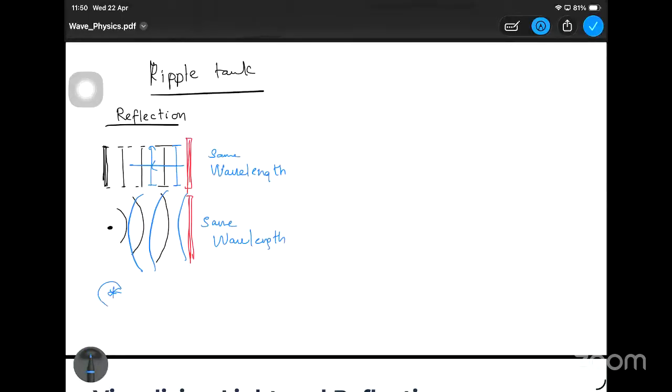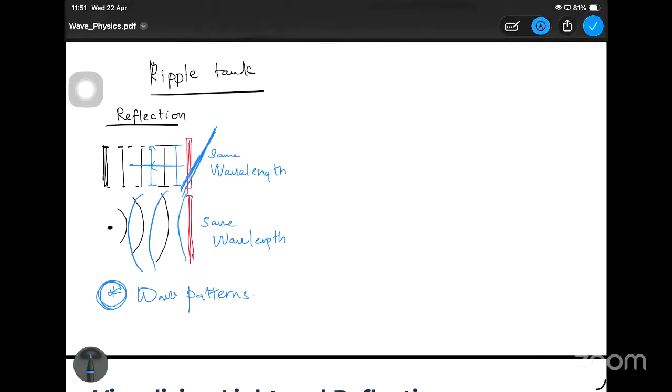Here you need to remember the wave patterns. If we adjust this barrier to a specific angle, then you will get different sorts of wave patterns. In the theory class, I gave you the workbook, and as I can remember there were 3 or 4 wave patterns.